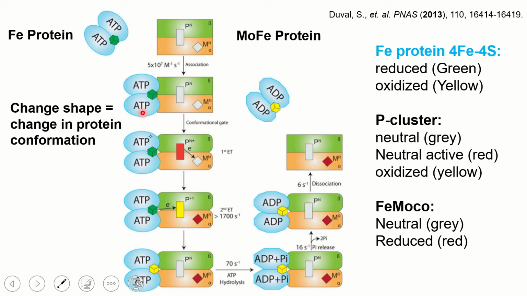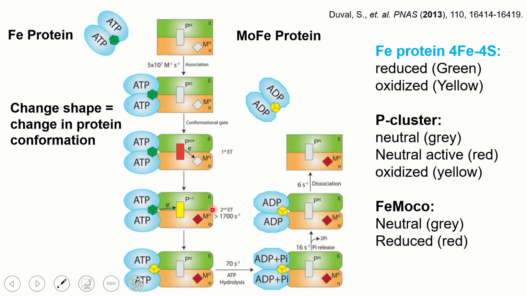So docking occurs here, and then what happens is somewhat counterintuitive. The first electron transfer actually doesn't occur from the iron protein to the P cluster. Instead, this goes through what's called a deficit spending model, where the electron from the neutral P cluster is first transferred to the FeMoCo.